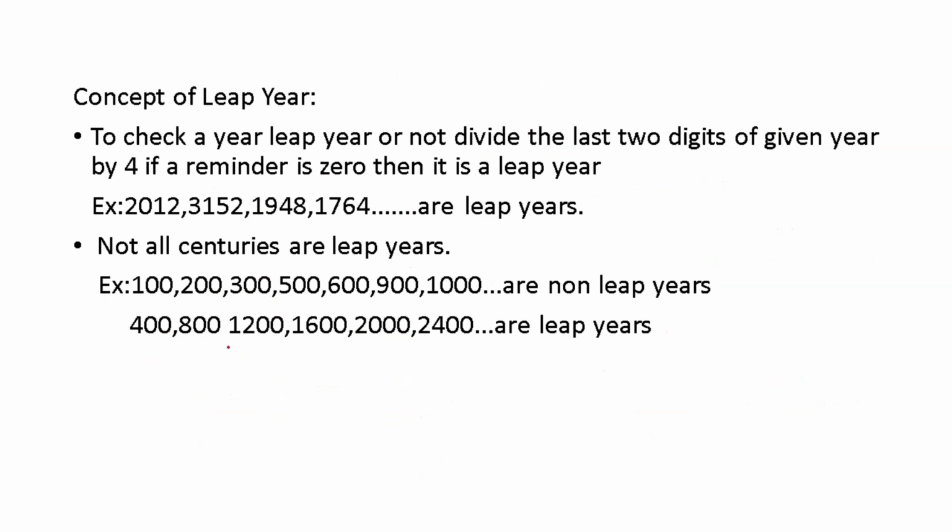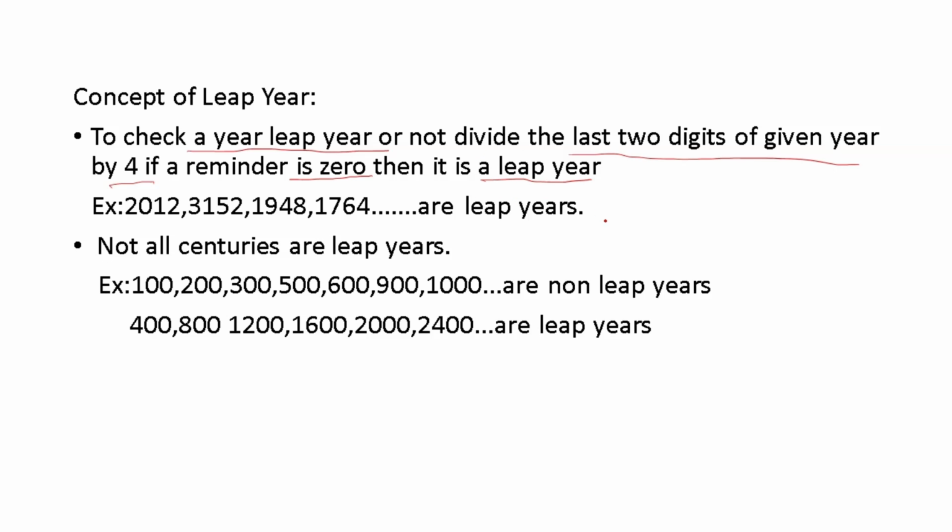Then we will discuss the concept of leap year, to check whether the given year is a leap year or not. To check if the given year is a leap year or not, we have to divide the last two digits of the given year by 4. If the remainder is 0, then it is a leap year.